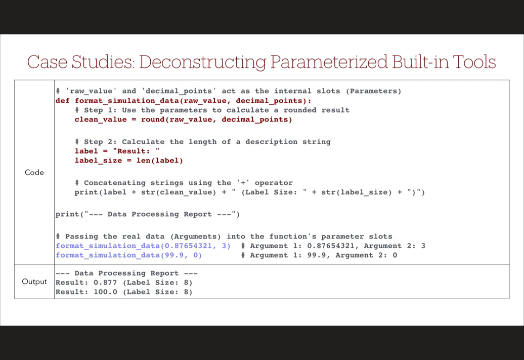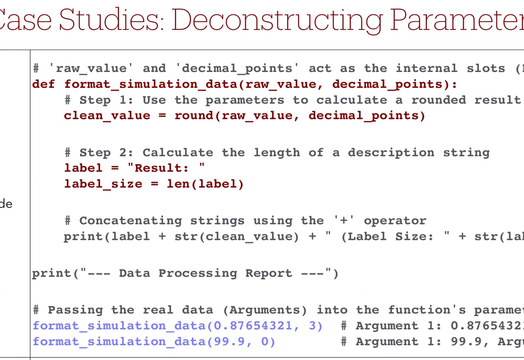So if I define certain function with some parameters, then whenever I call that function, I need to provide the same number of values. Then the first argument will go to the first placeholder, the second argument will go to the second parameter, and so on.